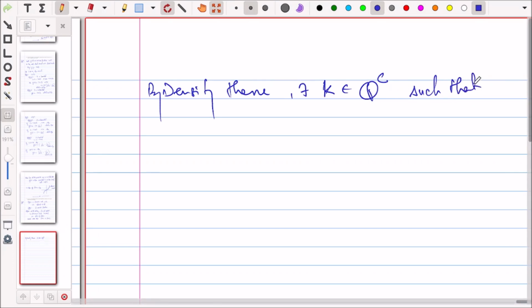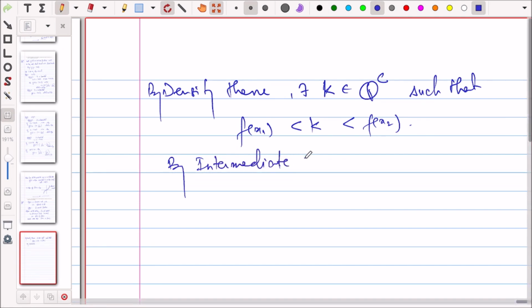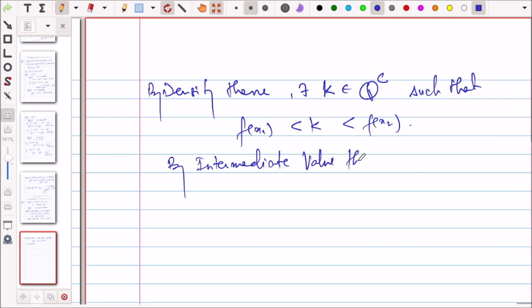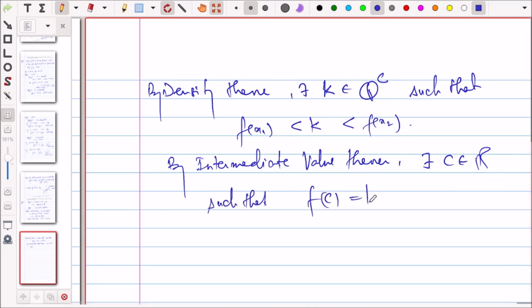Between any two rationals there is an irrational, and between any two irrationals there is a rational. So there exists an irrational number k such that f(x1) is less than k less than f(x2). Now by the intermediate value theorem, because f is continuous, there exists c belonging to R such that f(c) is equal to k.